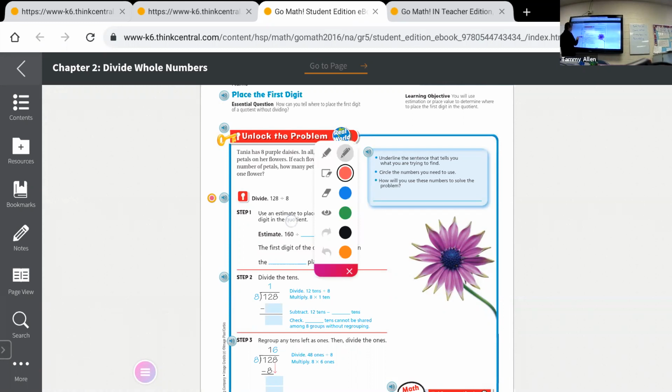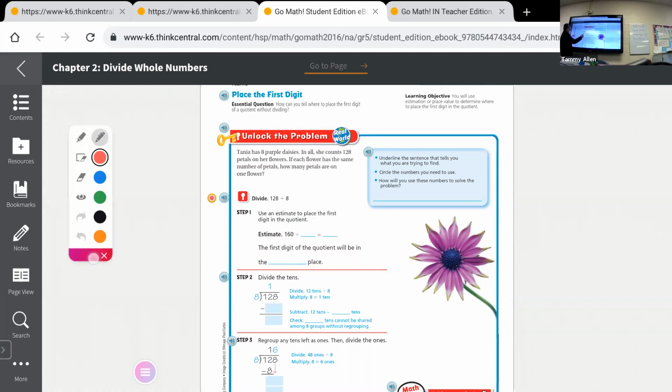So an estimate is going to be a number that is close, right? So when you look down your multiples of 8, what number is close to 12? That's a multiple of 8. 16, and that's where that 160 came from. Does everybody understand that?